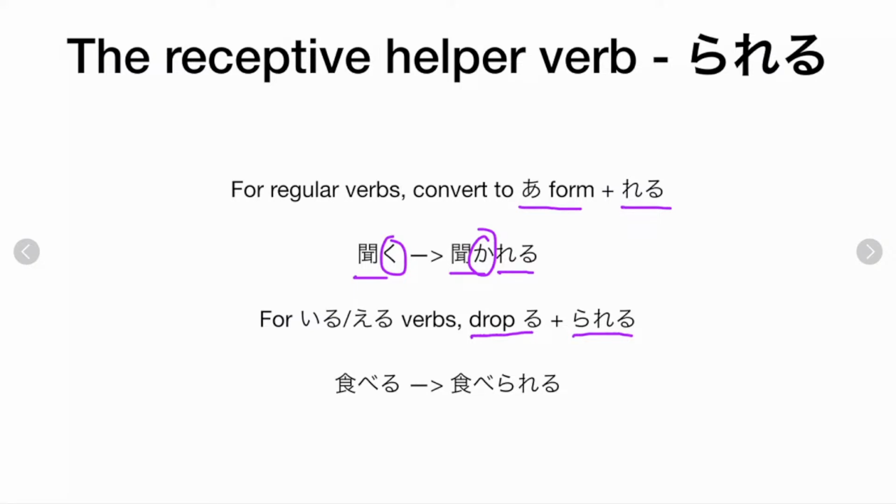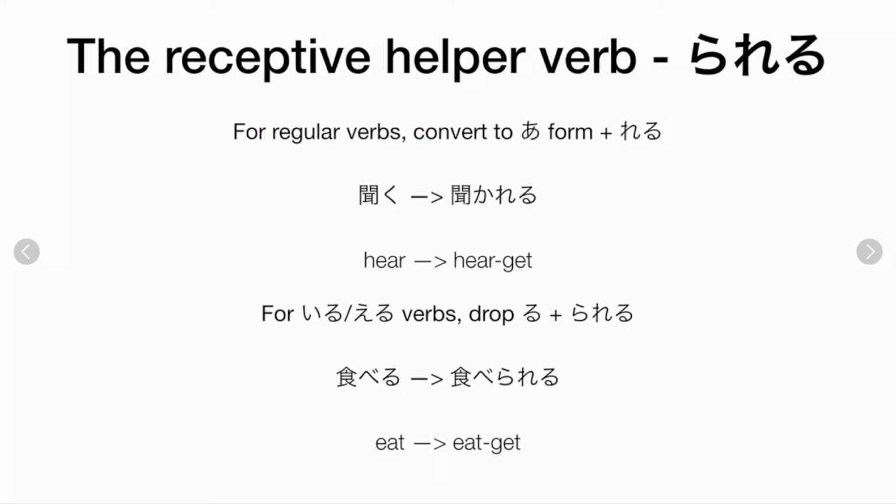So taberu will become taberareru, like this. Okay, and here you can see it with the hyphens. Here I'm going to call it get when it's attached like that, and eat, I'm then going to call it eat-get when it's taberareru.